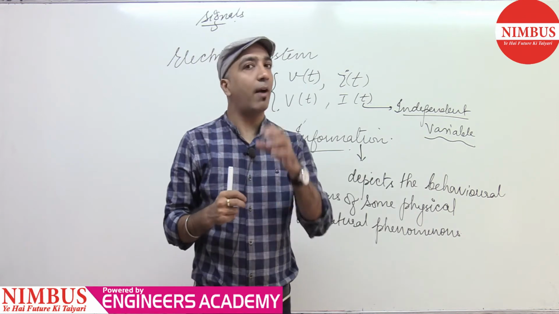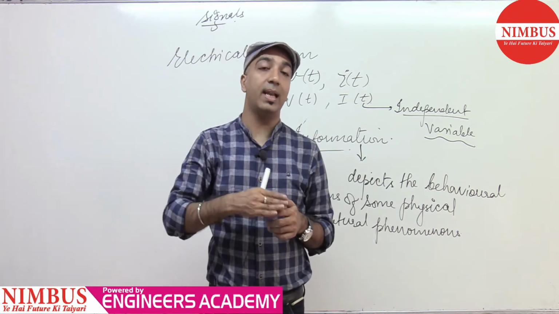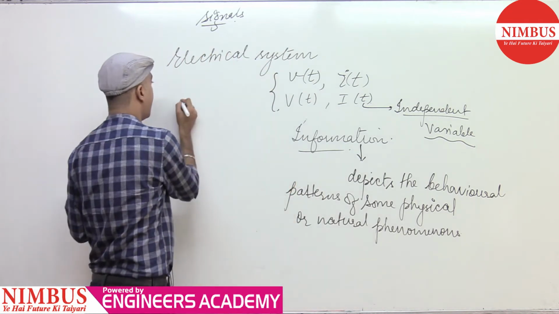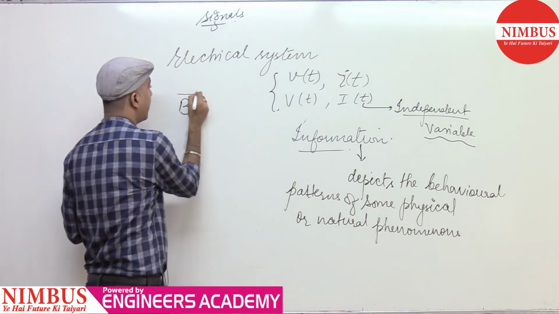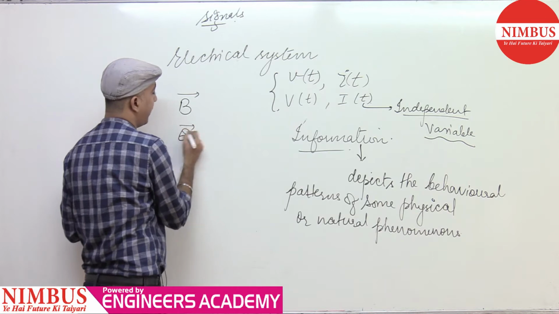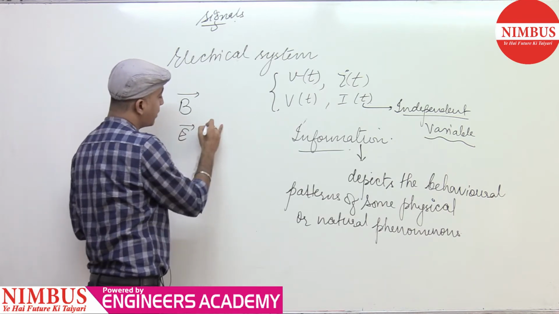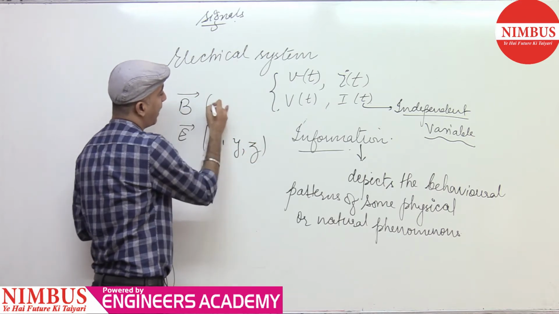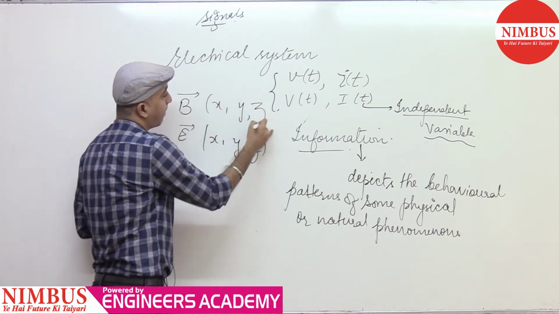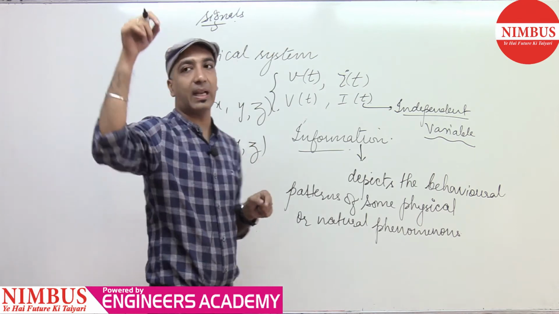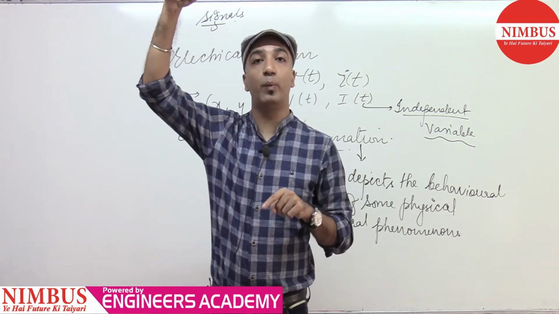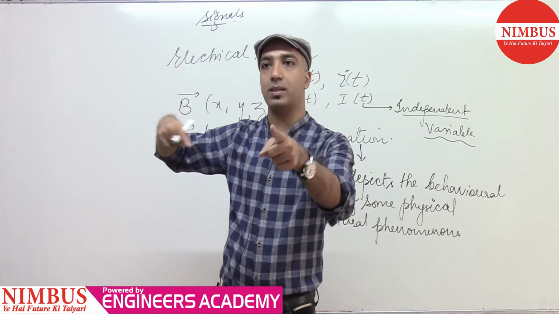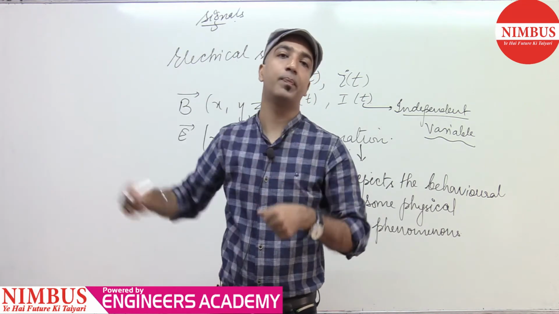But you have to remember that when you are studying electromagnetics, at that particular point of time, you should be taking magnetic field strength or electric field strength as a function of space, x, y and z. Magnetic field density at a particular point. Now that point would be in the spatial coordinate system, that is x, y or z.